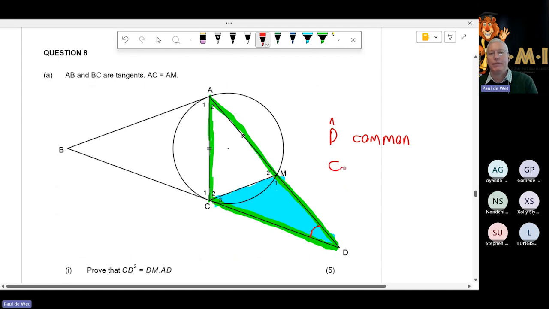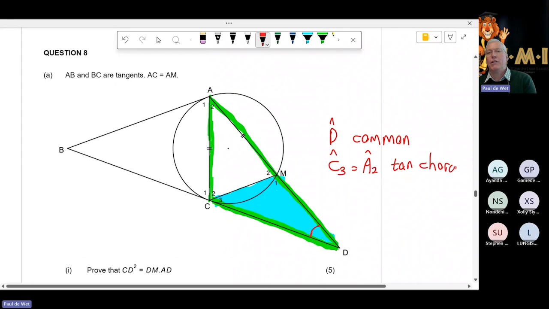C3. It's not common, but what's C3 equal to? Well done. C3 equals A2, tan chord.